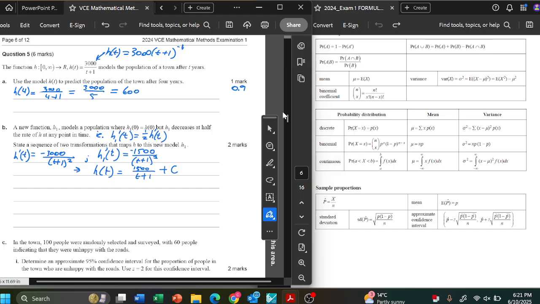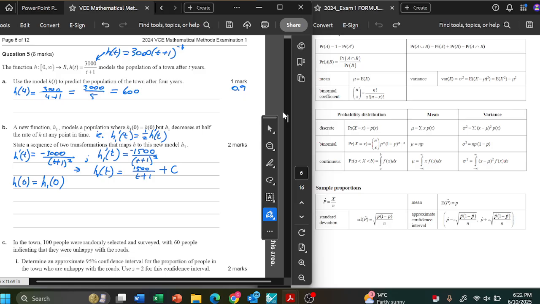Okay, next thing we need to use is this initial condition that we've been given, which tells us that h0 is equal to h1 of 0.